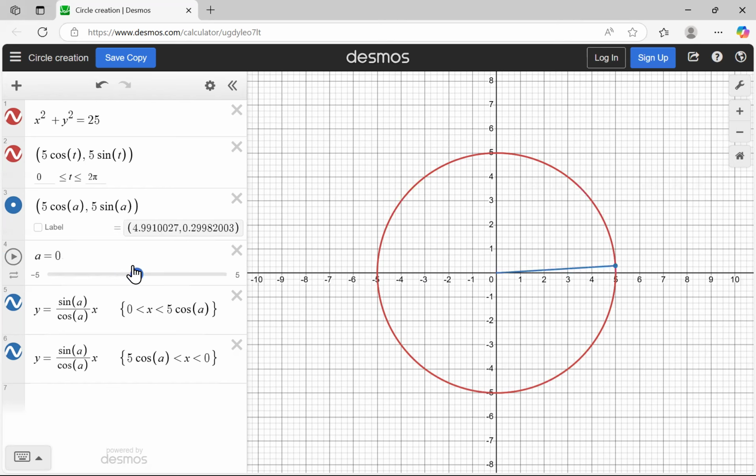In this case, that's 5, but in general, that's what it's going to be. So you can change the radius to anything you want. So geometrically, that's what's happening with our circle, and our equation is pretty straightforward.